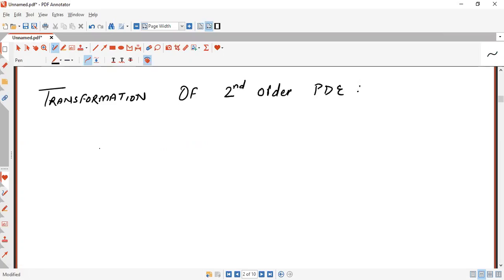So basically, u_x, u_y, that means del u by del x, del u by del y, del square u by del x square, del square u by del y square, or del square u by del x del y, or del square u by del y del x. Although the last two are both equal, right? So how will they look when you transform x and y in terms of xi and eta?